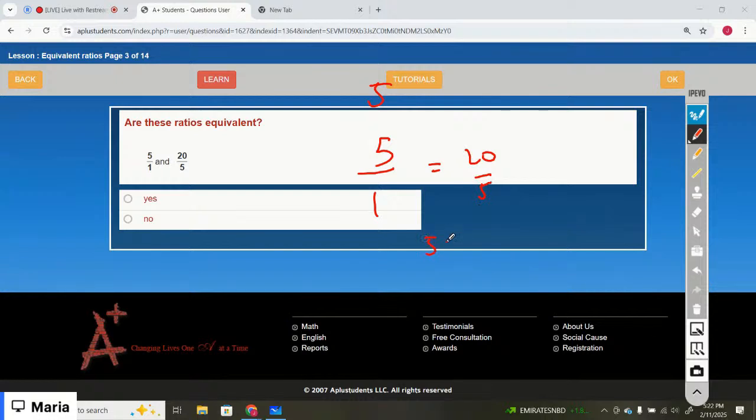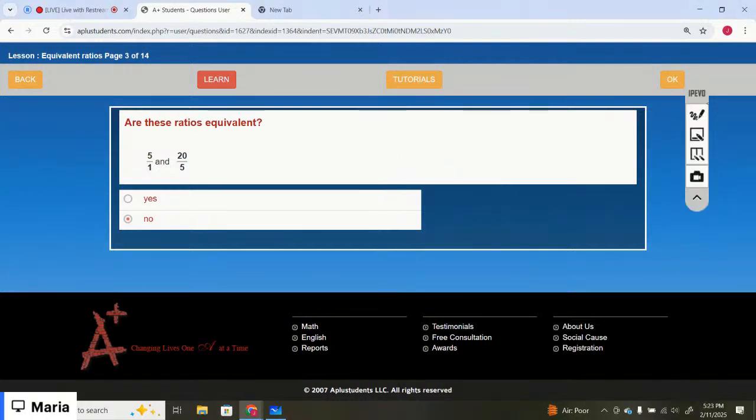So just cross multiply. We have to do 5 times 5 and 20 times 1. 5 times 5 is 25 and 20 times 1 is 20. So no, they are not equivalent. The correct option is no.